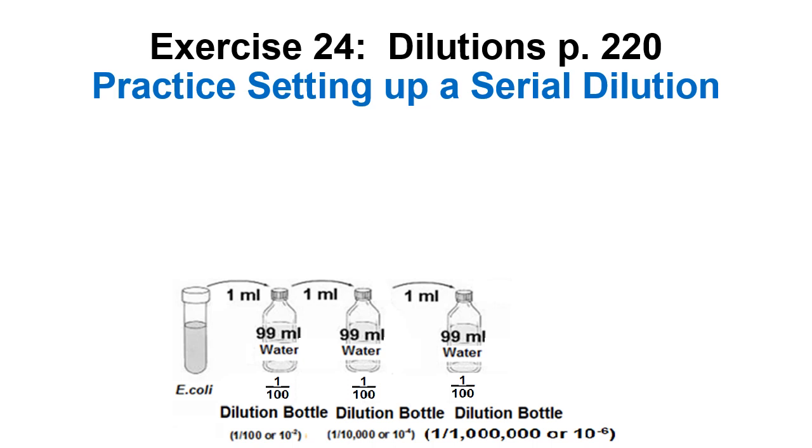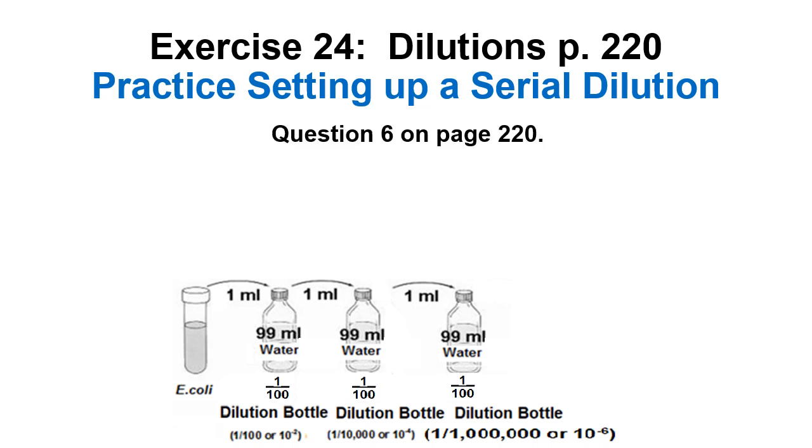So the first bottle is 1 over 100, 10 to the negative 2, same number. The second bottle is 1 over 100. We're adding exponents, so 10 to the negative 4. Then the third bottle is 1 over 100. So our total would be 1 over 1 million. So 2, 4, 6.